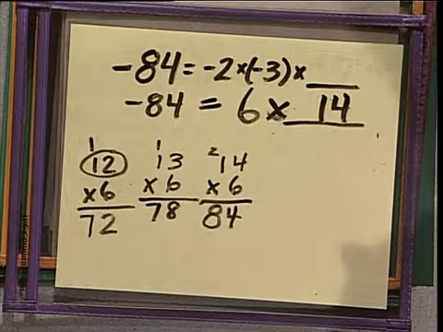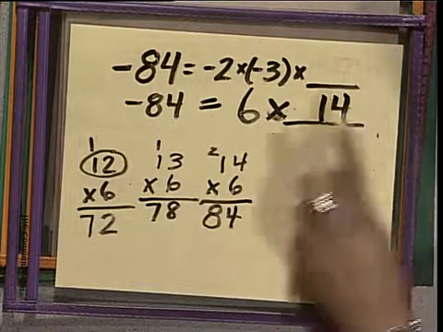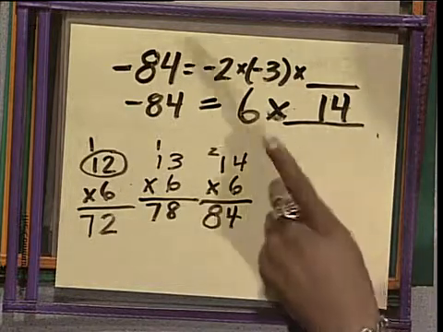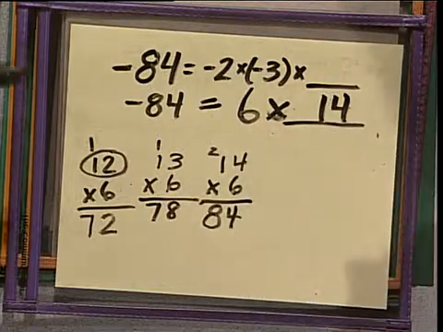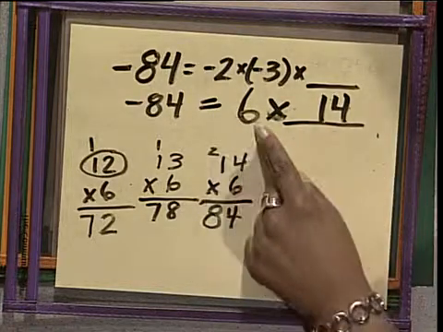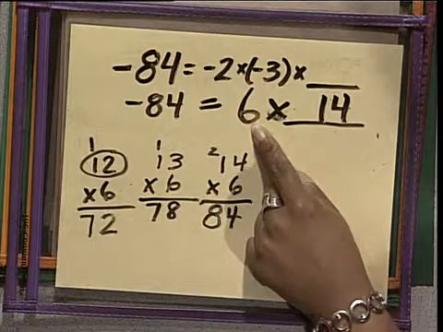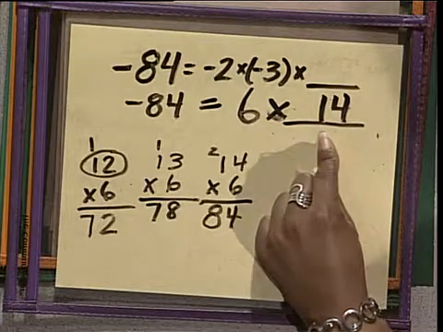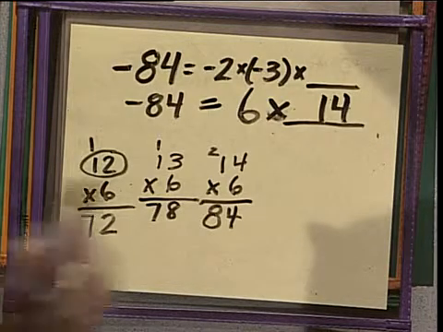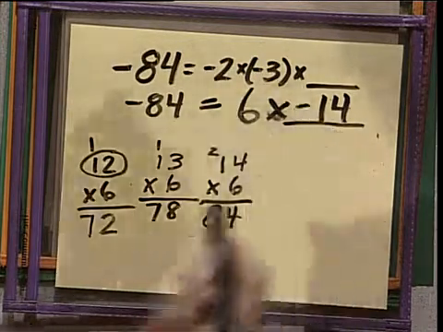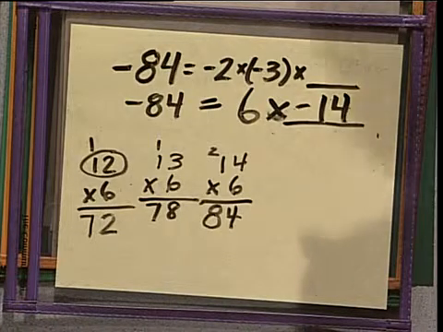By having a negative 14. Since we already knew that our 6 was positive, perhaps we should make our 14 negative. Yeah. Okay, good job. Do you understand? Yes. Very nice job.